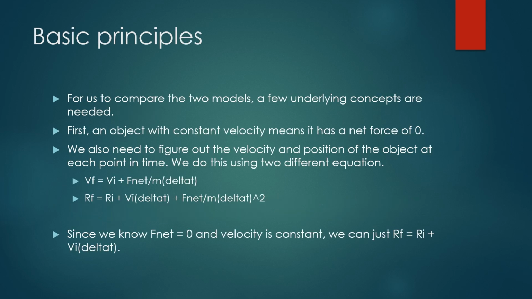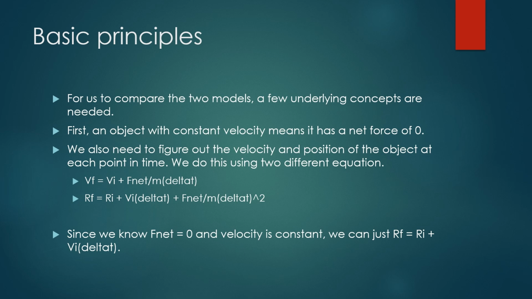For us to compare the two models, a few underlying concepts are needed. First is that an object with constant velocity means it has a net force of 0. We also need to figure out the velocity and position of the object at different points in time. We do this using two different equations. The first is Vf equals Vi plus F net over m delta t.